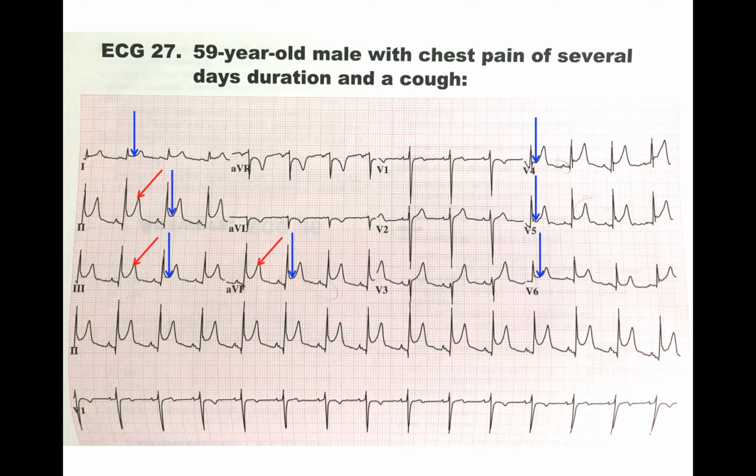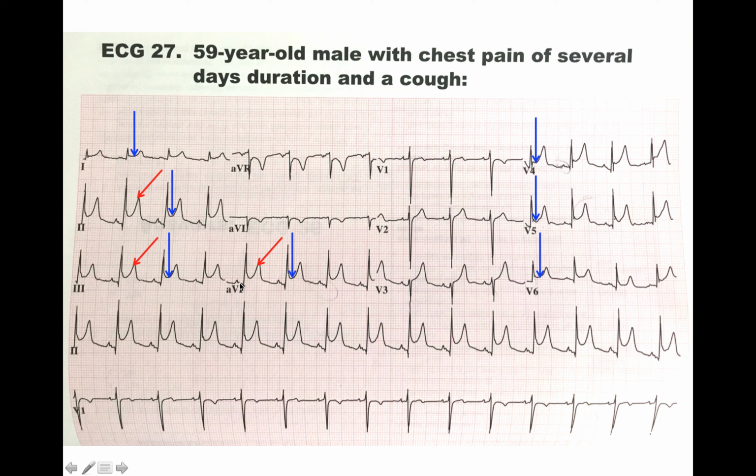And then there's other clues that can point you to pericarditis. You can have sinus tachycardia, which this patient doesn't have because we said they're roughly around 85 beats per minute. You can have PR depression, especially early, and you can see PR depression in 2, 3, and AVF as well.